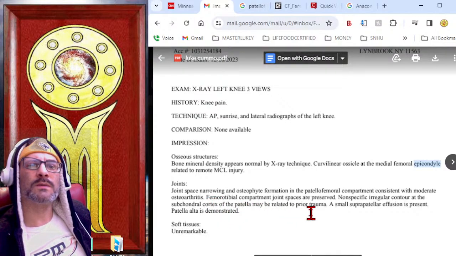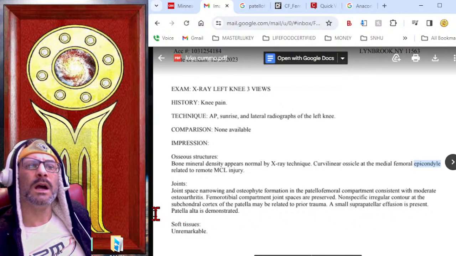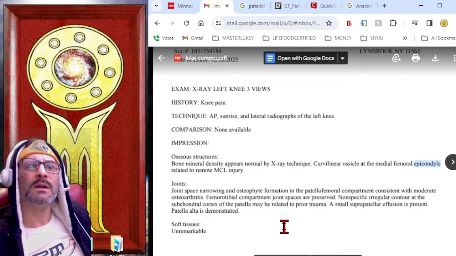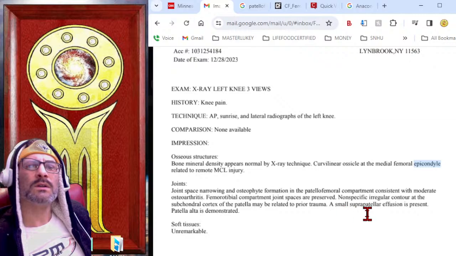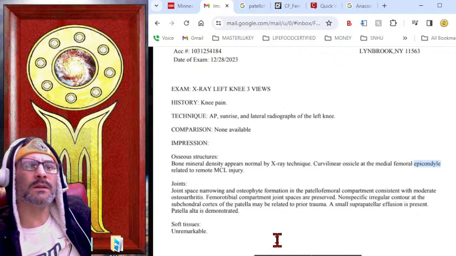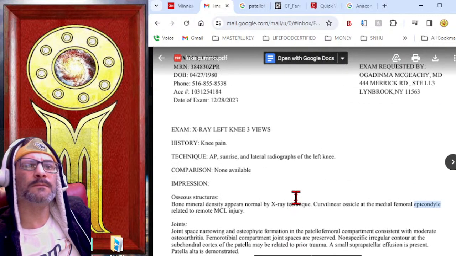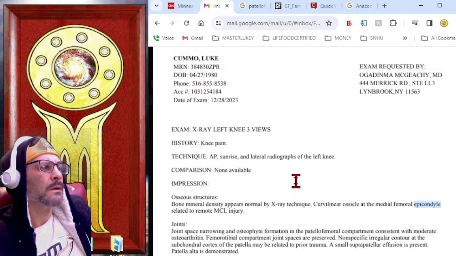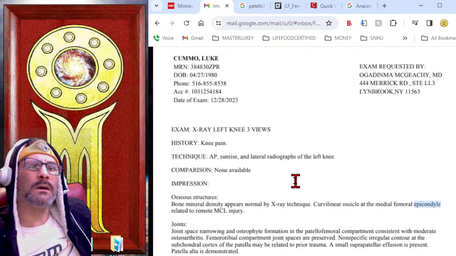Femorotibial compartment joint spaces are preserved. Okay. Non-specific irregular contour at the subchondral cortex of the patella may be related to prior trauma. A small suprapatellar effusion is present. Patella alta is demonstrated. Soft tissues unremarkable. Alright, I think we got the idea, right?